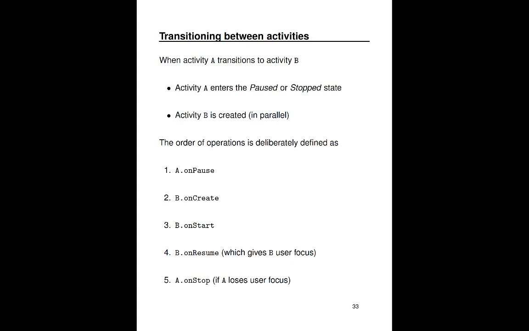Then activity B's onCreate method is invoked. Then activity B is started and the onStart callback is invoked. And activity B resumes and the onResume callback is invoked. And now the user focus is on activity B. And then in the case where activity A loses user focus, which is a lot of the time, then activity A will transition to the stopped state and the onStop callback will be invoked.